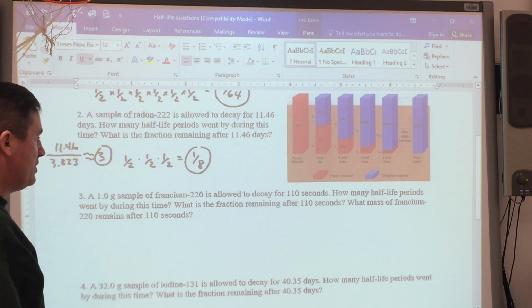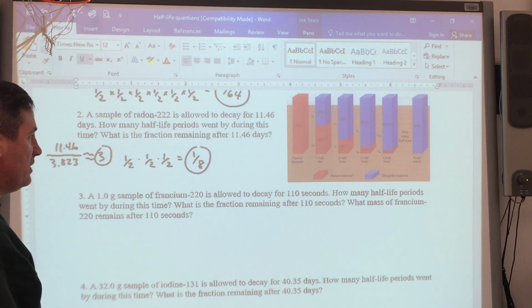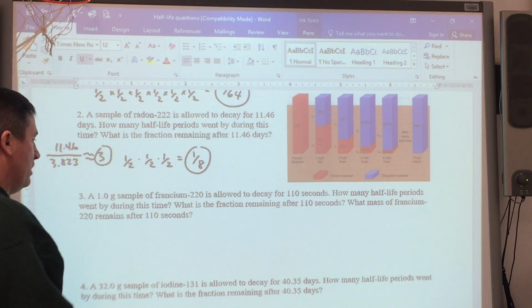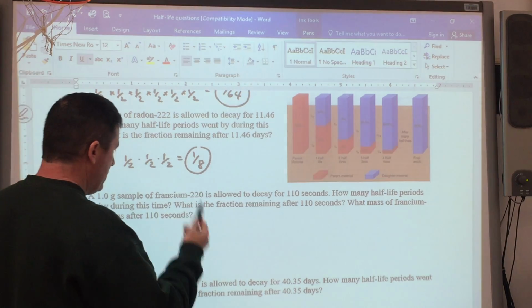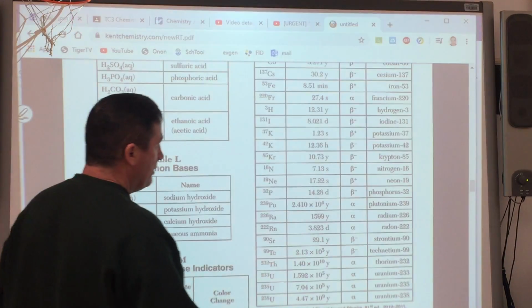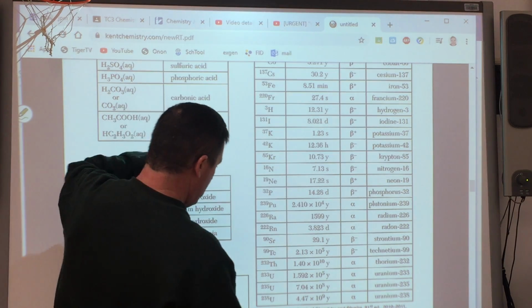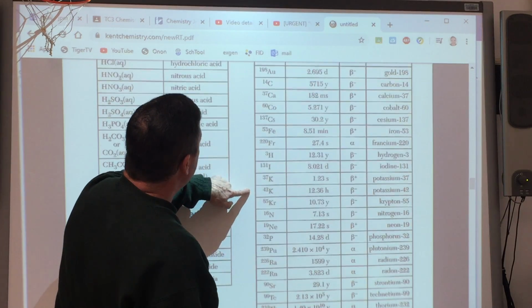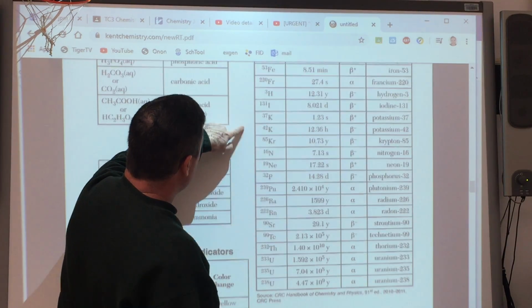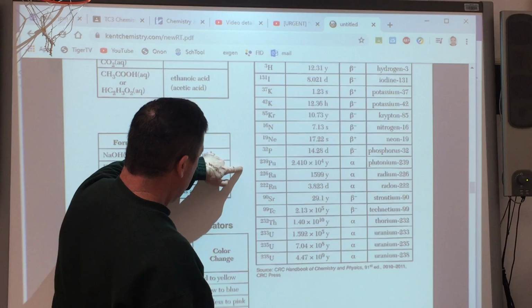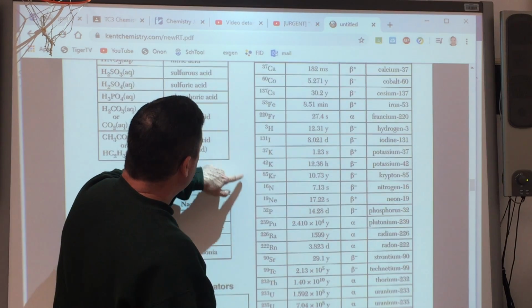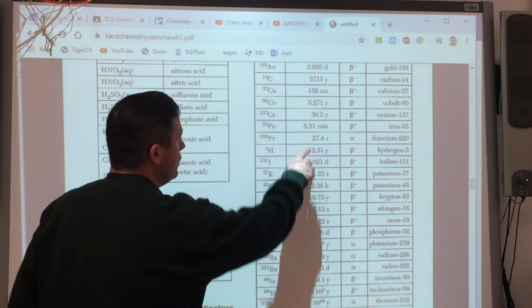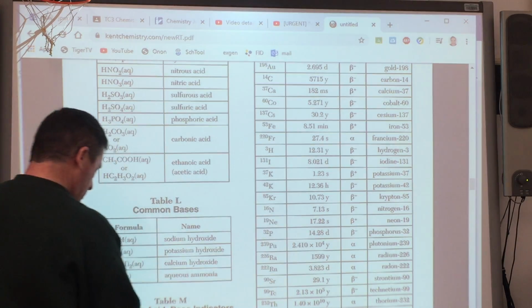Number 3. A 1 gram sample of francium-220 is allowed to decay for 110 seconds. How many half-life periods went by during this time? Same thing. Francium-220. There it is. 27.4 seconds.